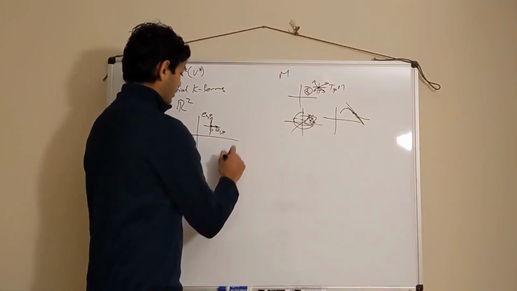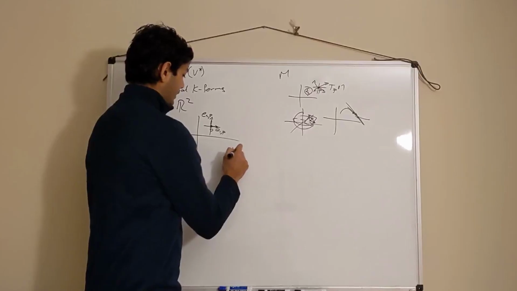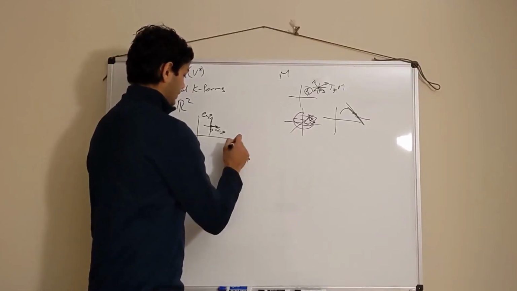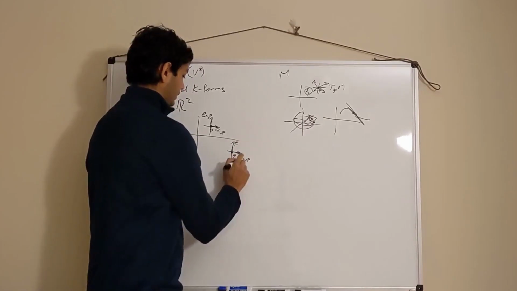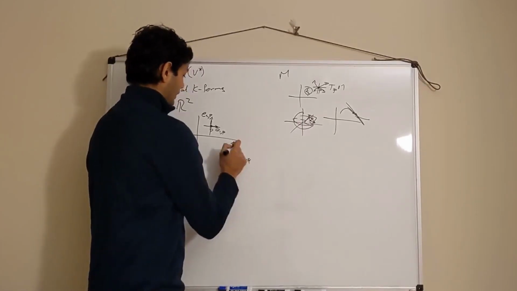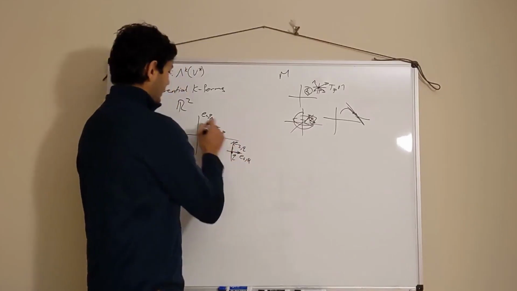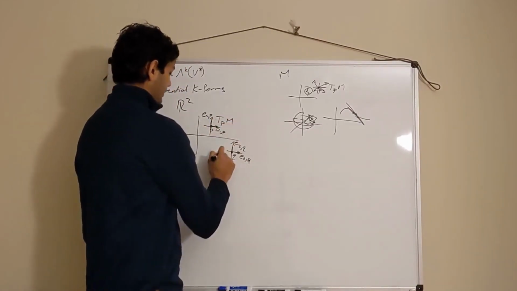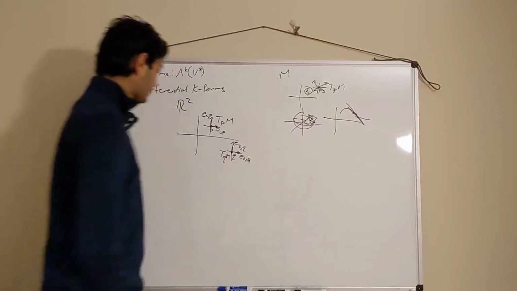If we have another point Q, then this can be spanned by two vectors again, E1Q and E2Q. And so this vector space is T_P M, and this vector space is T_Q M.